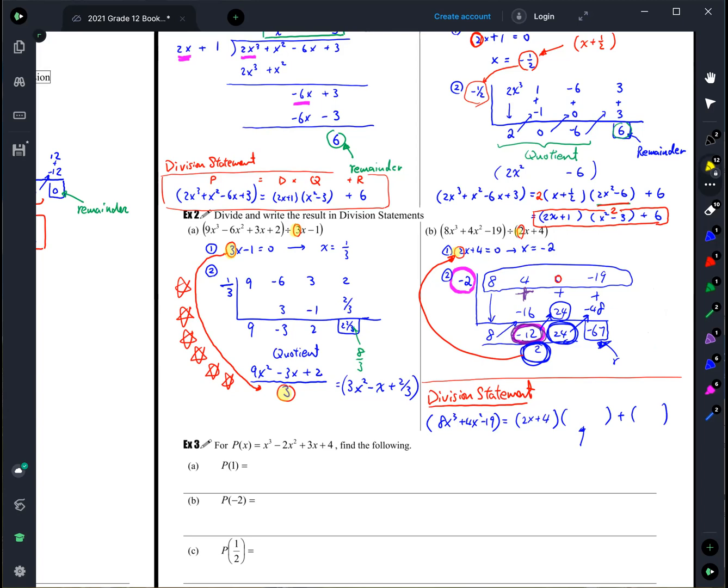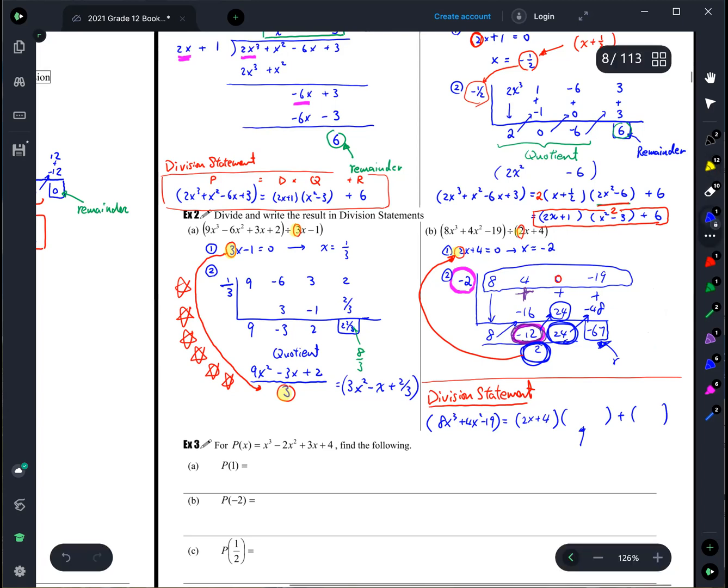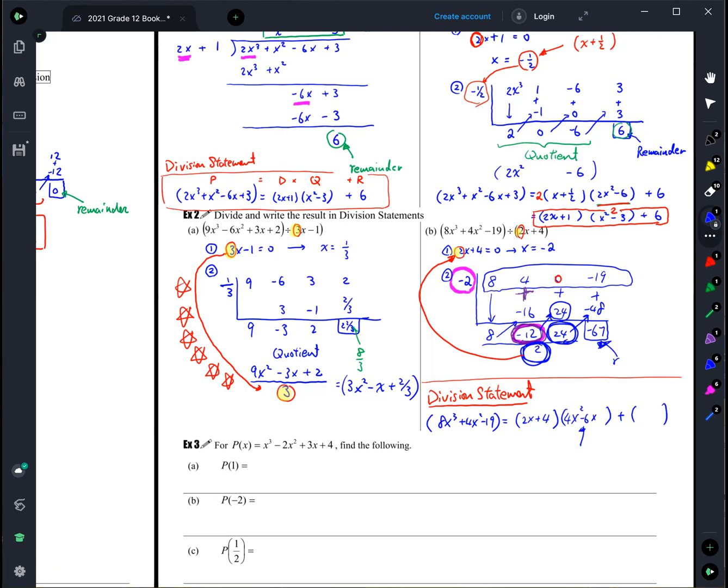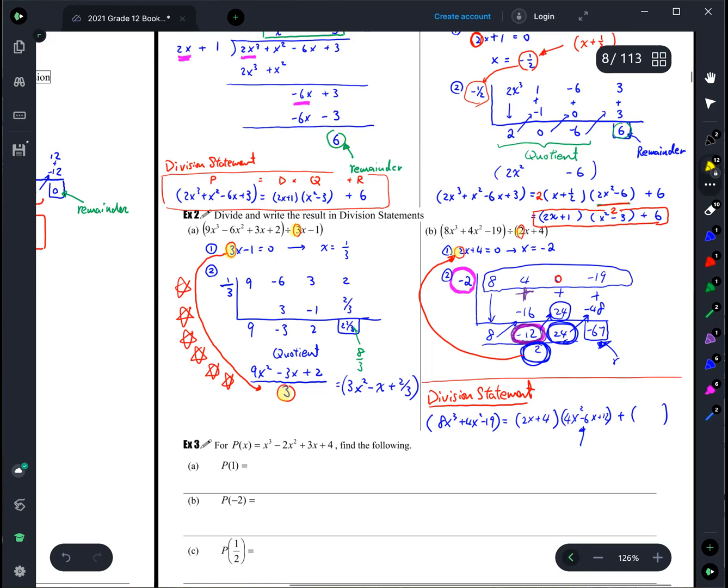Oh yeah, sorry, I forgot. The quotient should be 4x squared minus 6x plus 12. Very good. So this part, the yellow highlight, is our quotient.